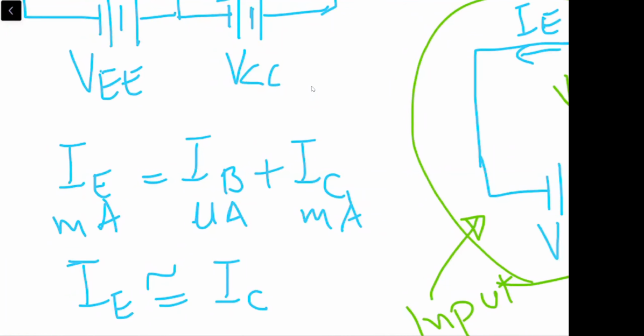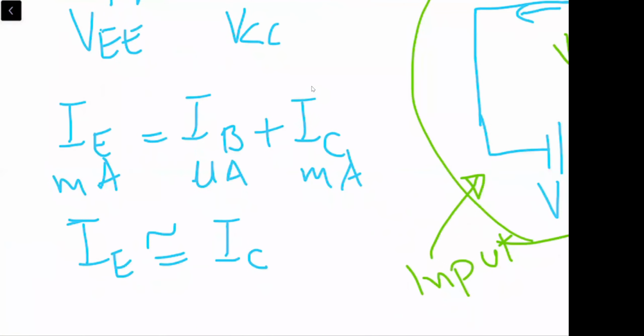But we know that IB is very small compared to IC. So what we concluded is that IE is almost equal to IC, because IB is actually in the range of microamperes and IC and IE are in the range of milliamperes.